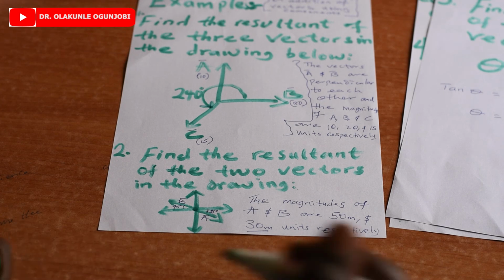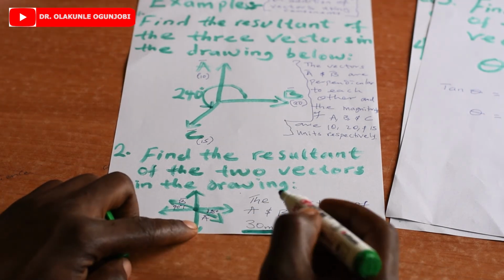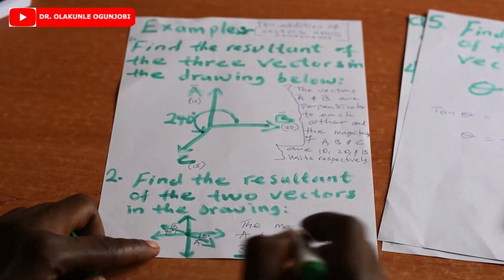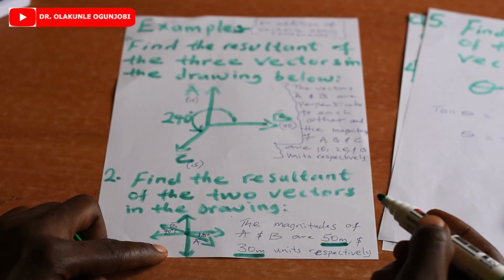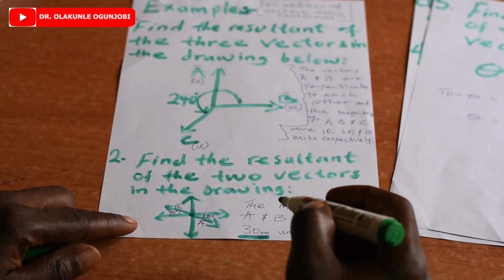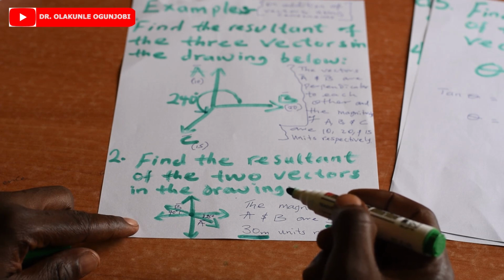Let me show you more clearly. So 30 is for B, right? 50 for A, 50 meter units, and this one for B will be 30 meter units respectively.